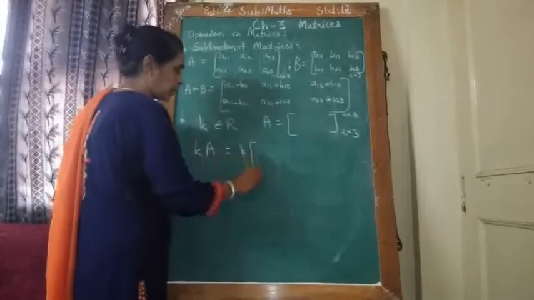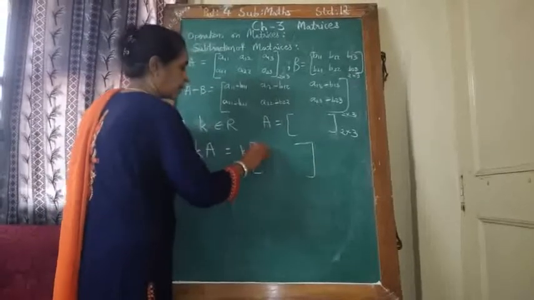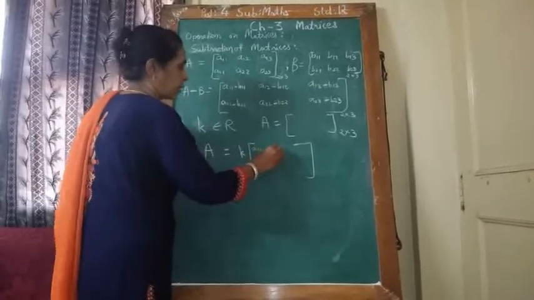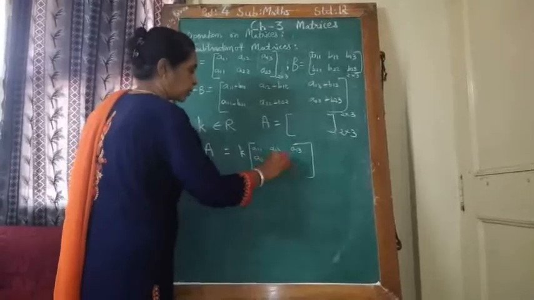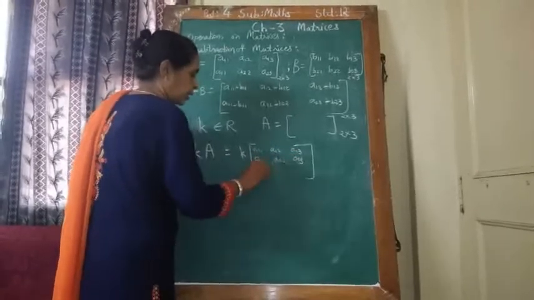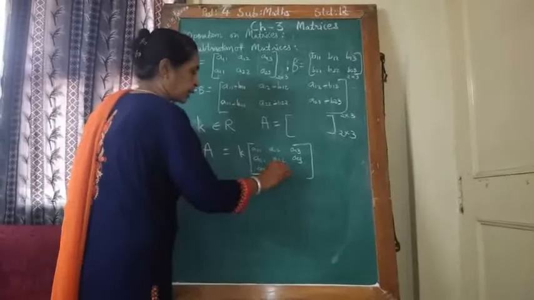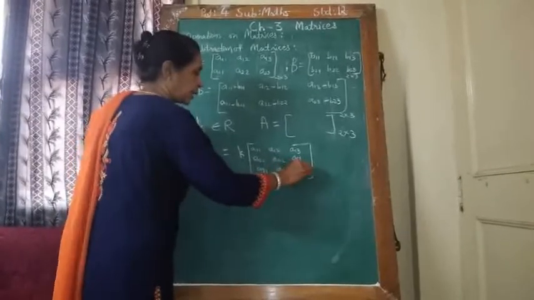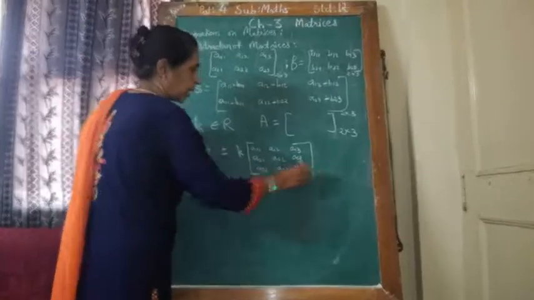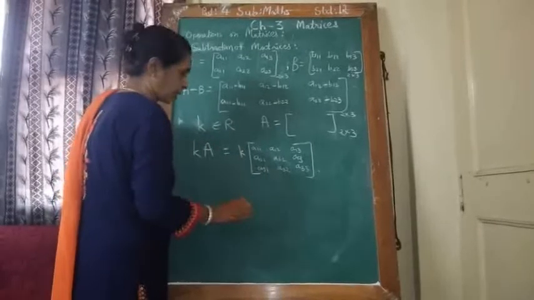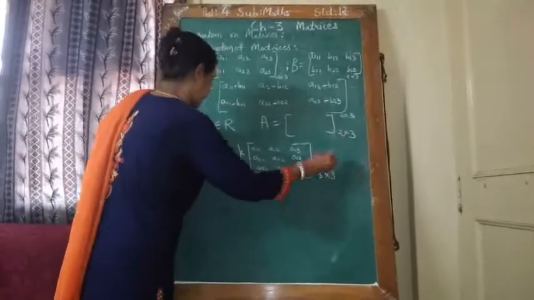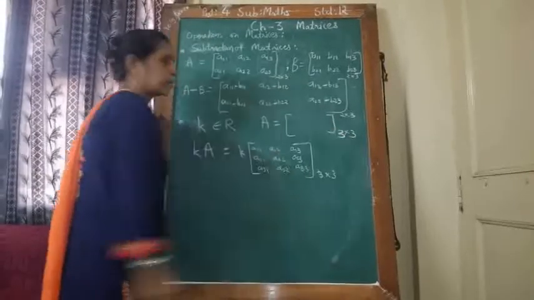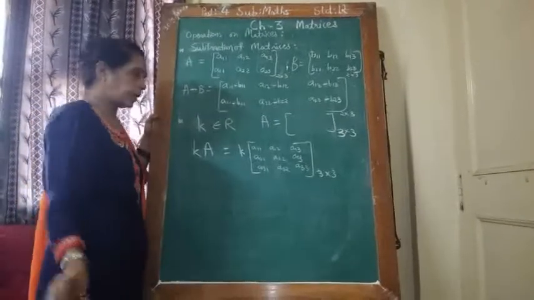So in that case, write small k, then the elements A11, A12, A13, A21, A22, A23, A31, A32, A33. I have written a 3 cross 3 order here, but any order you may write. Okay, I take a 3 cross 3 matrix. No problem, any order.